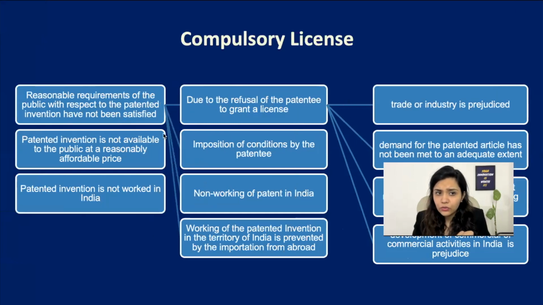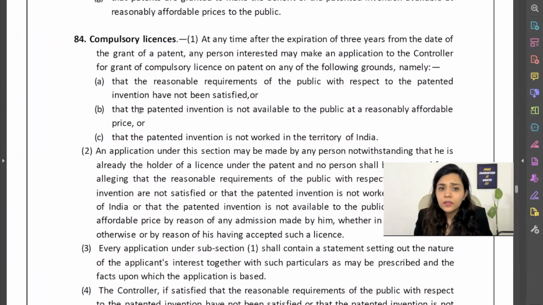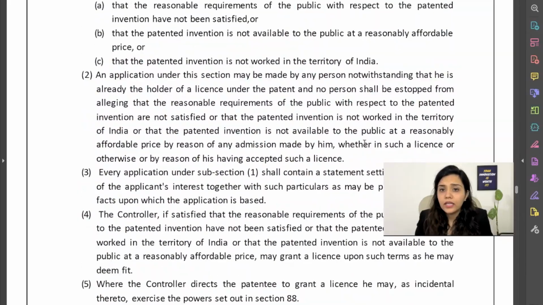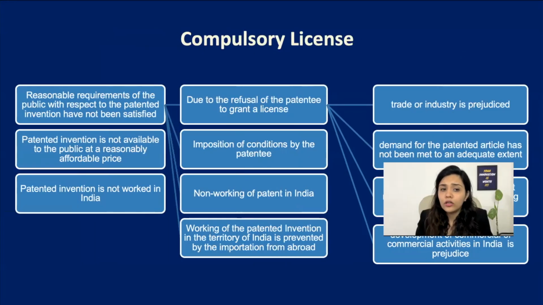Second, the patented invention is not available to the public at a reasonably affordable price, meaning I'm charging exorbitantly high. Third, the patented invention is not worked in the territory of India, like even after getting a grant, I'm not working the patented invention.